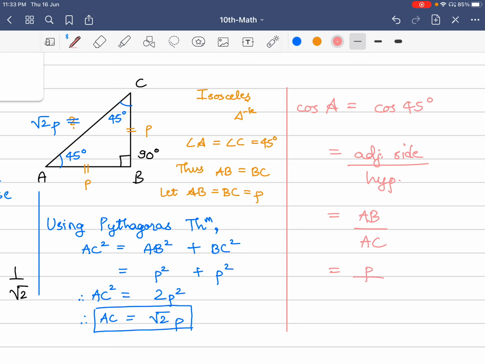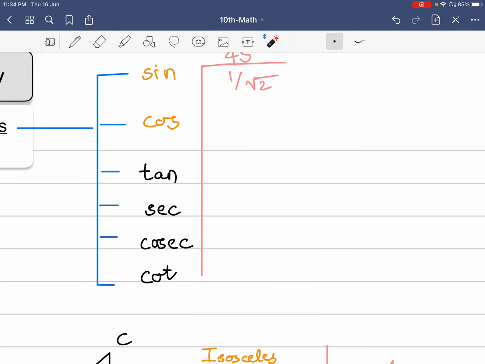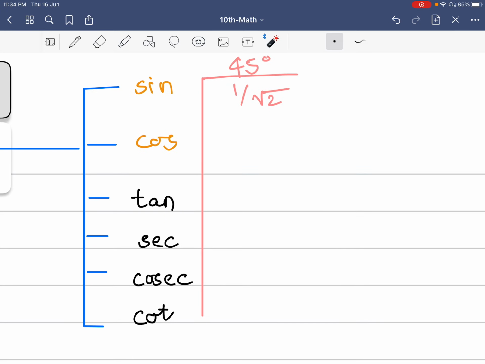AB is P and AC is under root of 2P. Okay. These are the values of AB and AC, and that is equal to 1 by root 2. So thus we have found out that cos of 45 degree is also equal to 1 by root 2. Let's go here and make a note of it. Yes. So cos of 45 degree is also equal to 1 by under root of 2.